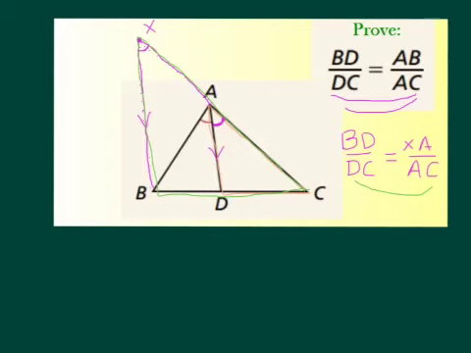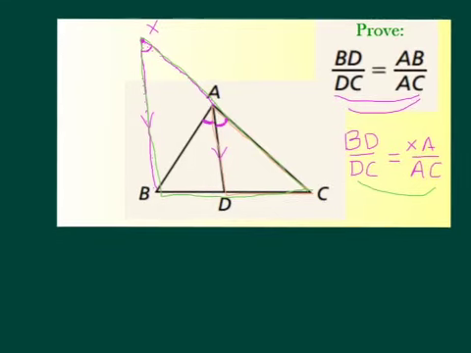And then we have angle DAB right here, and that is an alternate interior angle to angle ABX, which is right here. Okay, so there's a couple of things that we need to look at in this picture now. By the converse of the isosceles triangle theorem, I know that side AB has to be congruent to side XA.